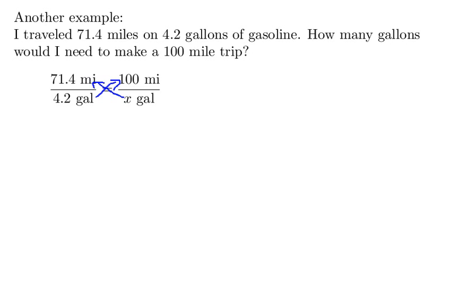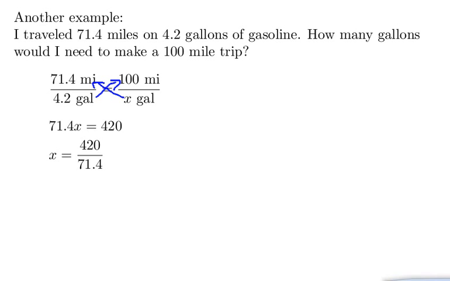So that means we would have 71.4 x equals, and then 4.2 times 100 is going to give us 420. Then we can divide both sides by 71.4. And we'll get that x is equal to 420 over 71.4.